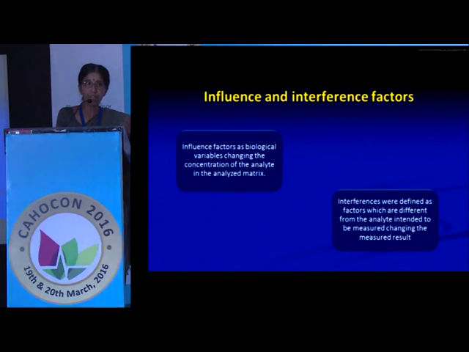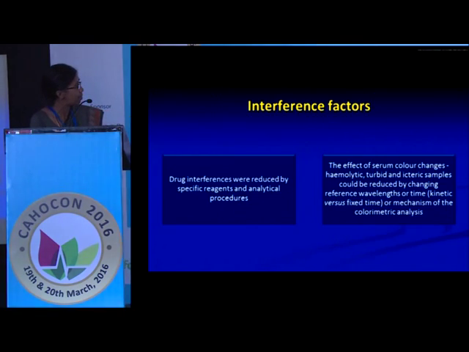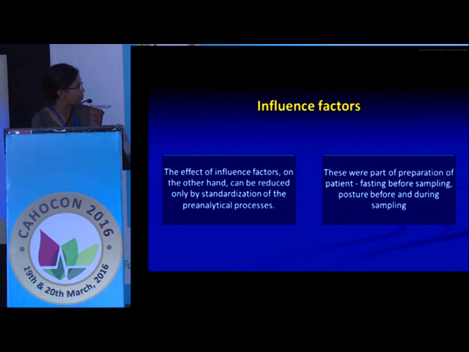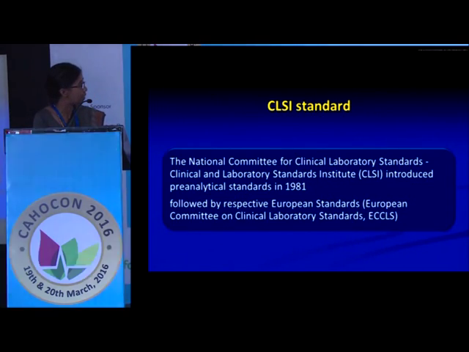The influencing factors are those which are inherent to an individual, like age, gender, biological reference range, and so on. Whereas the interfering factors are maybe the drugs that the patient is taking. So they classified, and today it's actually called, I will come into that a little later. So this is what they talk about, influencing factors and interfering factors.